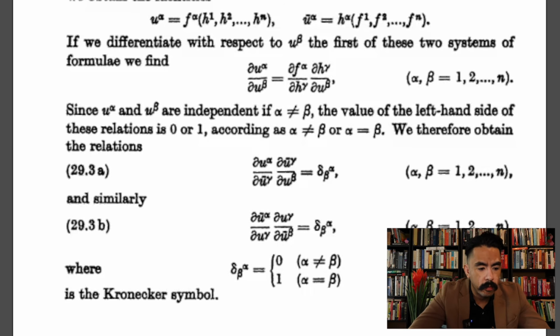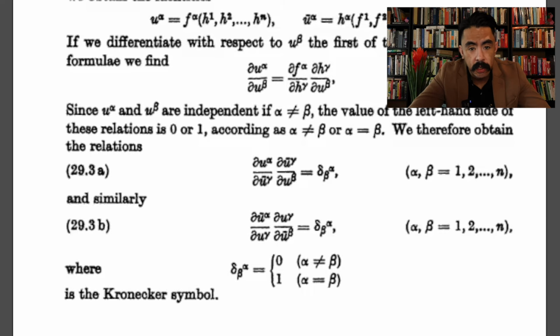We therefore obtain the relations ∂u^α/∂ū^γ · ∂ū^γ/∂u^β = δ^α_β, where α and β can be 1 through n, and similarly ∂ū^α/∂u^γ · ∂u^γ/∂ū^β = δ^α_β.